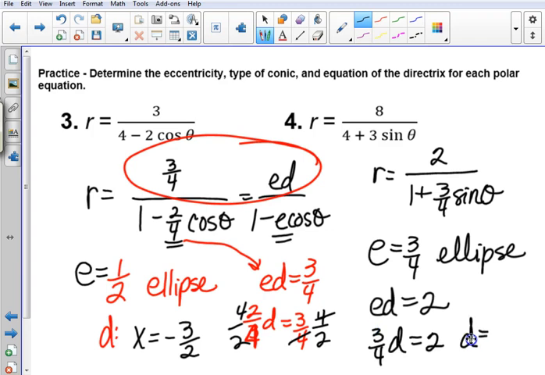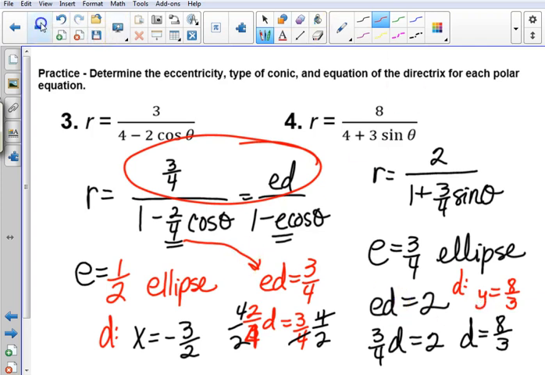So D is 2 times 4/3, which would be 8/3. Okay, so what's the equation of the directrix? Y equals 8/3, yes. Okay. Get to use a reference sheet. So I hope this is just a plug and chug section. Once you got the hang of it, does it seem pretty easy?